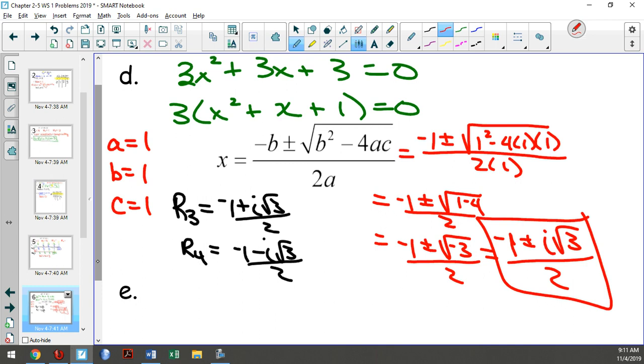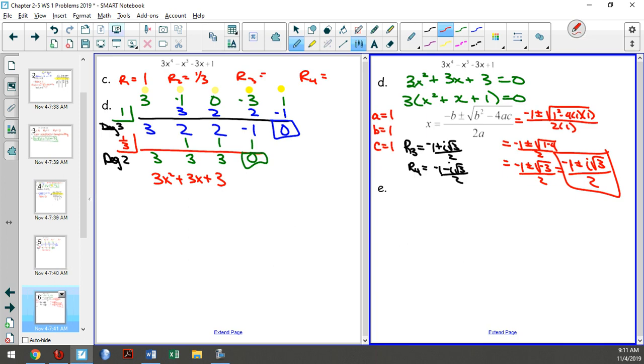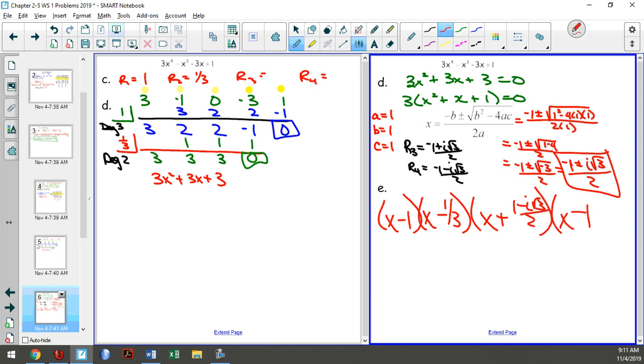Yes? Now, how do I write this in its most factored form? Well, its most factored form means that I have to have (x minus 1) times (x minus 1/3) times (x plus 1 minus i square root of 3 over 2) times (x minus 1...).